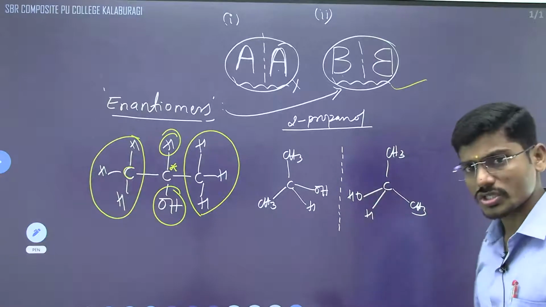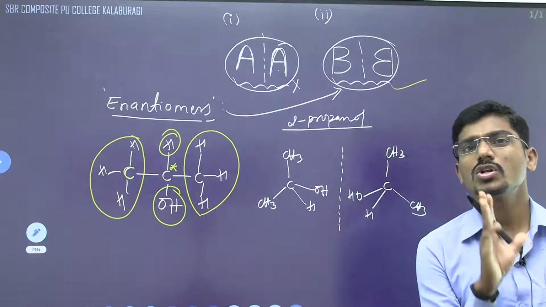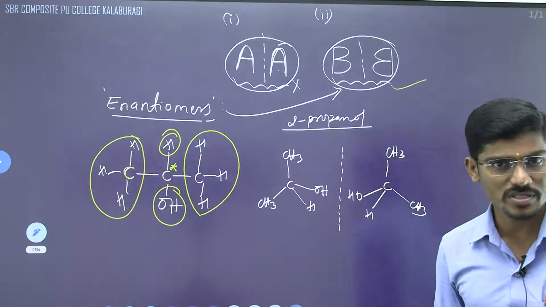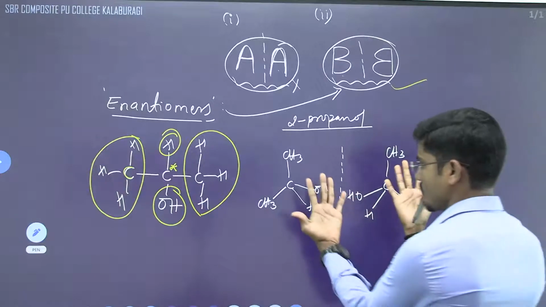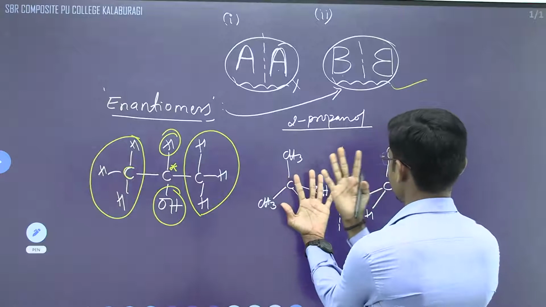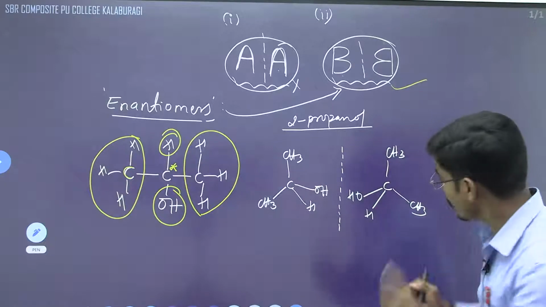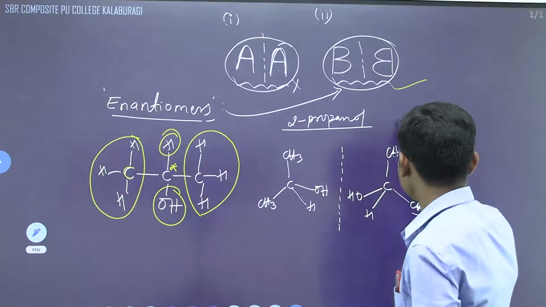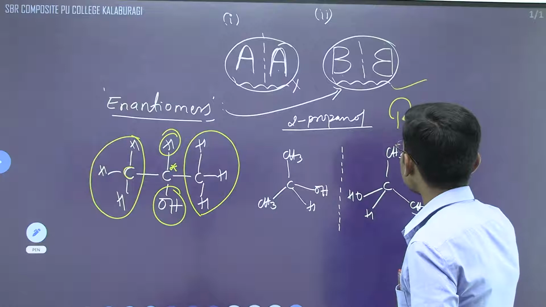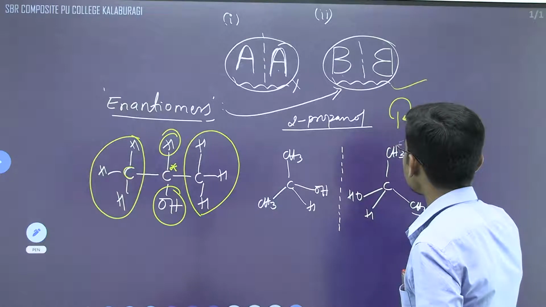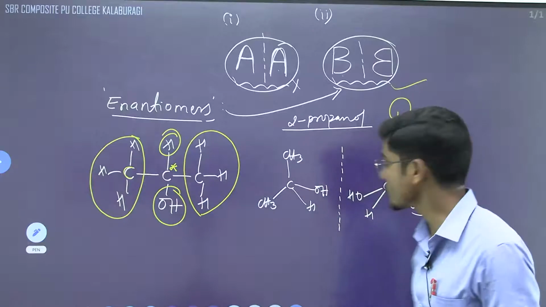By looking at this structure, an optically active compound must have non-superimposable mirror images. When you place one mirror image on the other, they look non-superimposable. But when you rotate one of the mirror images by 180 degrees, it gives exactly the same structure.